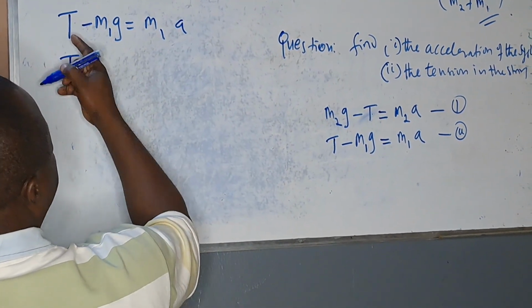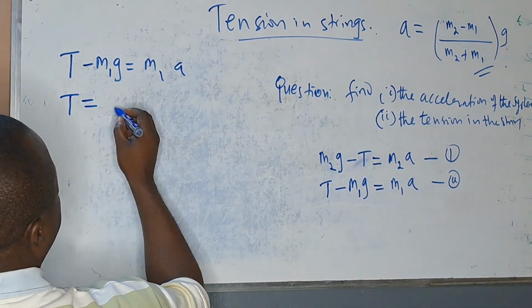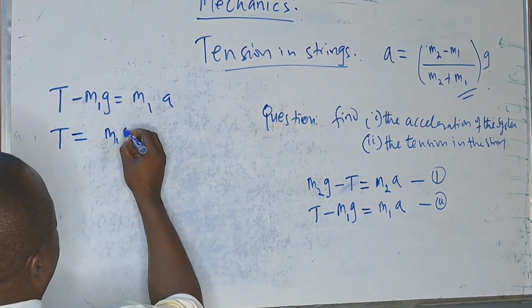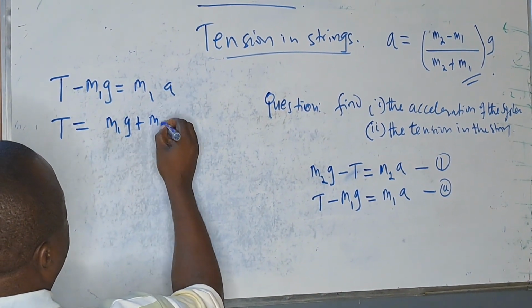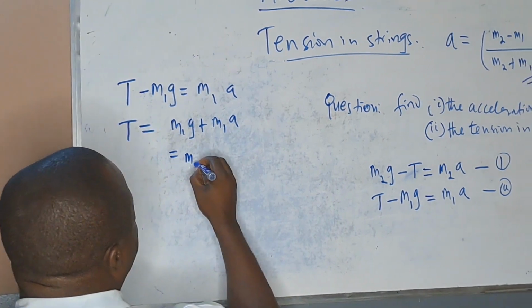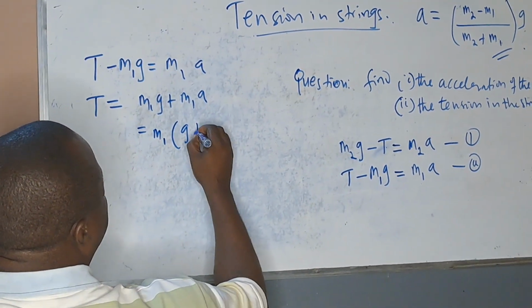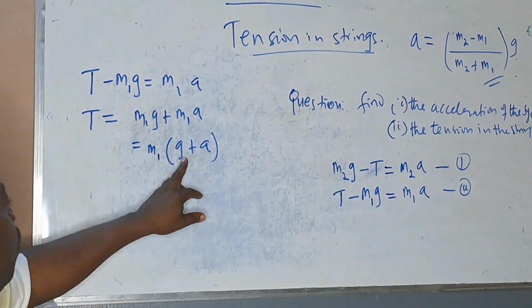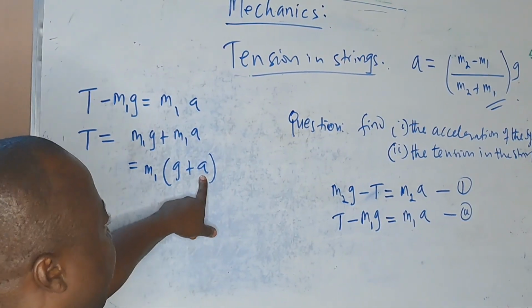Making T the subject of the formula, T is M1G plus M1A, which is M1 into G plus A. G is the acceleration due to gravity, while A is the acceleration of the system.